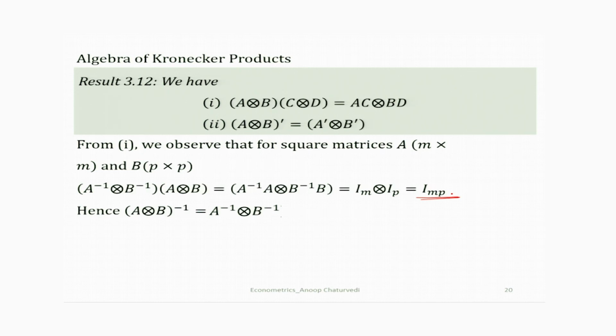So, this is an identity matrix, and this gives you the result that (A Kronecker product B) inverse is equal to A inverse Kronecker product B inverse.